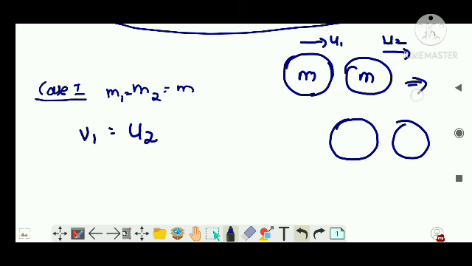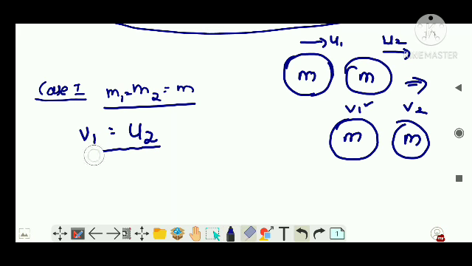After collision, this mass M has V1 velocity and this has V2 velocity. As both masses M1 and M2 are substituted with M, the M1 minus M2 term goes off, and there is only 2M2 U2 divided by M1 plus M2. So it is 2M U2 divided by 2M, the 2M cancels, and you get V1 is equal to U2.